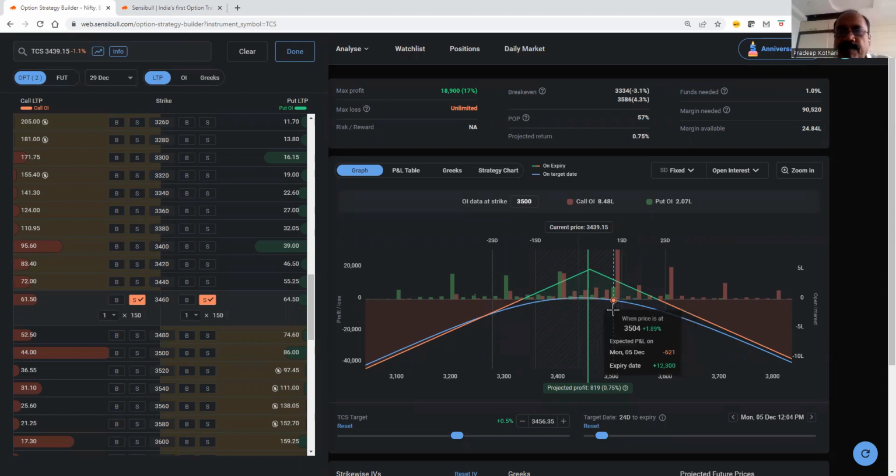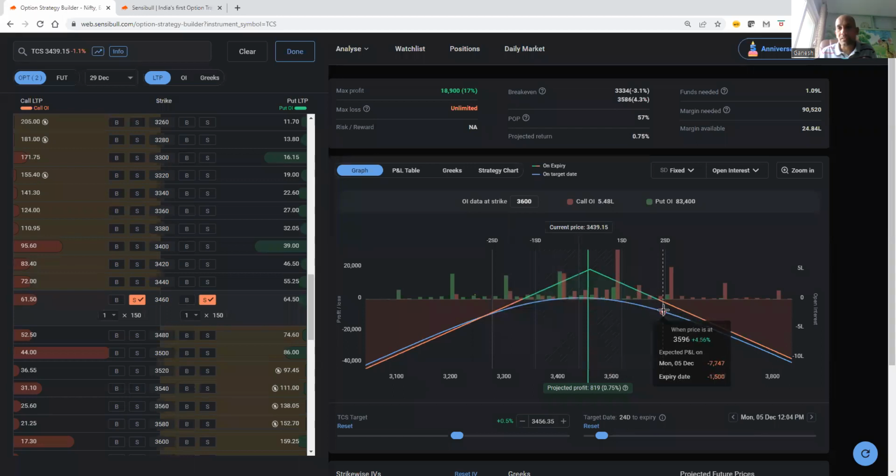Okay, let me put it this way. Let us say on Monday, I want to know if TCS gaps up 5% on Monday. What would happen? Let's say I make it 5%. Now TCS is up 5% on Monday, on 15th of December. What happens to my strategy?